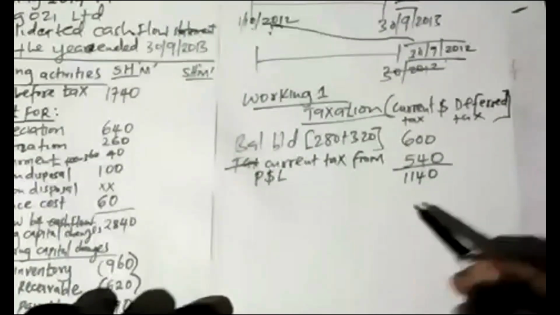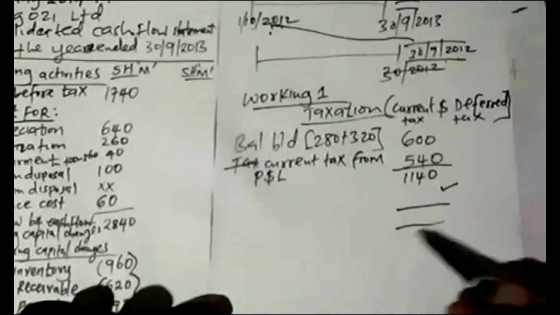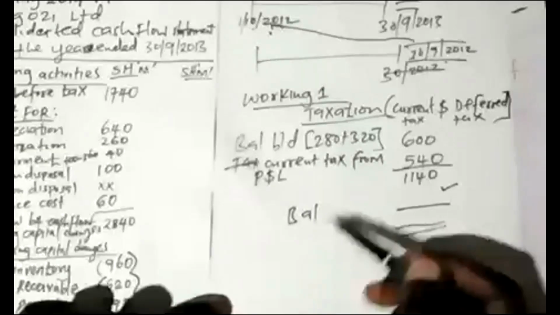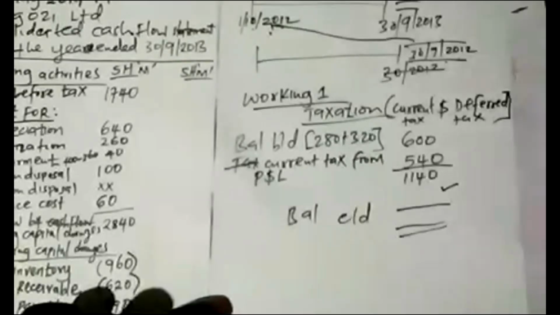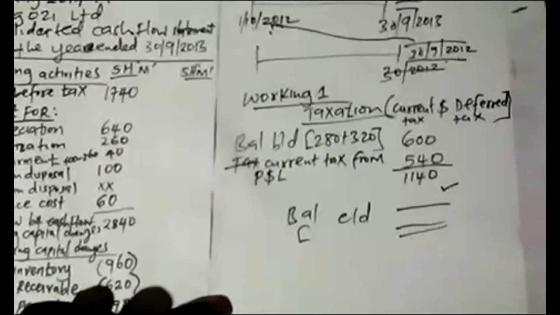Then skip one line here. Then you say balance carried down. For the balance carried down, you add again the two, that is current tax and deferred tax.